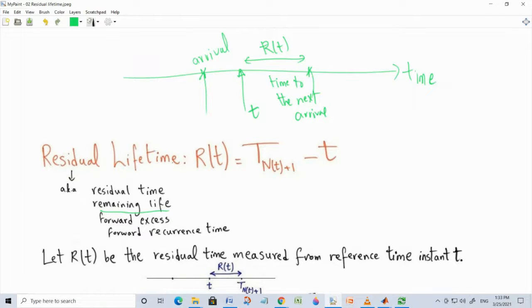It's like going to the bus stop. Okay, so you can imagine that the buses arrive at a bus stop as a renewal process, and you arrive at the bus stop and you ask yourself, what is the remaining time till the next arrival of a bus?